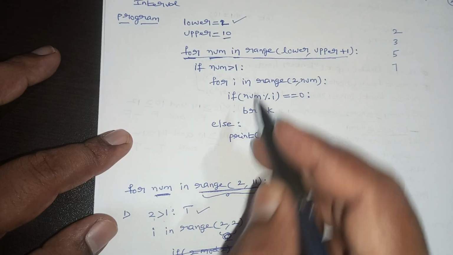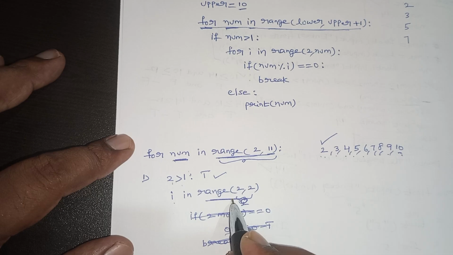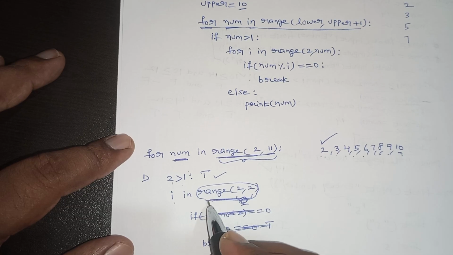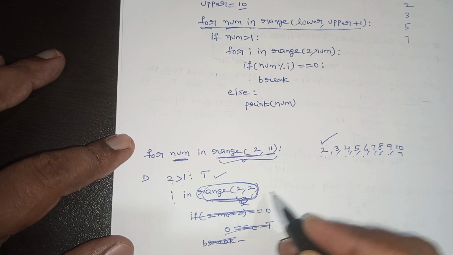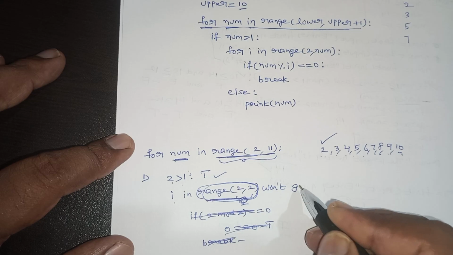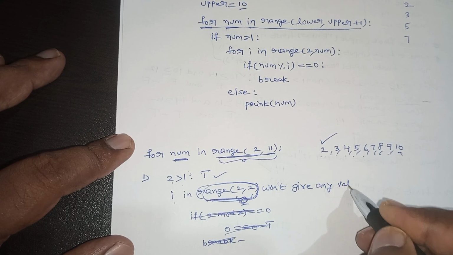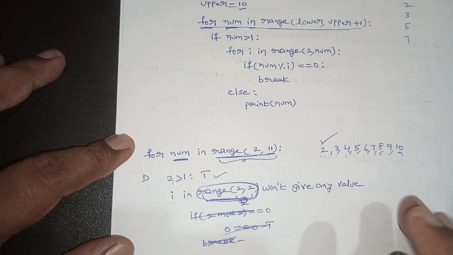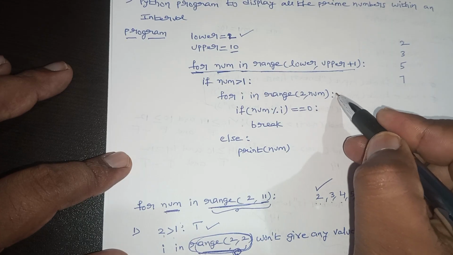Now because condition is true, where do I have to go? For i in range of 2 comma 2. When you run this range of 2 comma 2, it won't give any value. Then I am not going inside the loop.